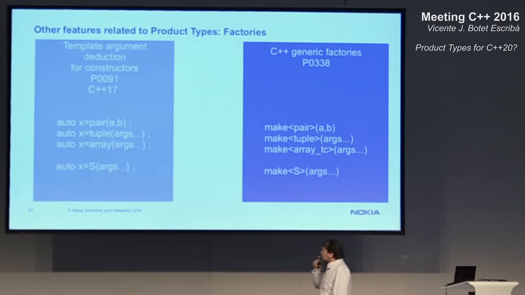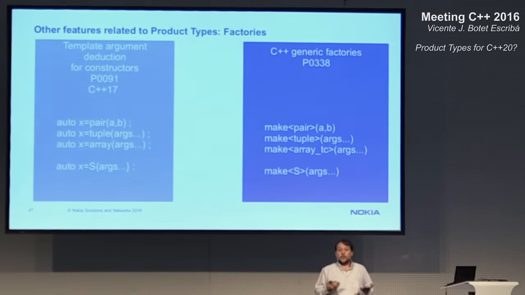Okay, then in order to construct these product types, in C++17 we have something that is very useful. We have this feature, template argument deduction for constructors. Today, we are able to deduce the template parameters for functions.